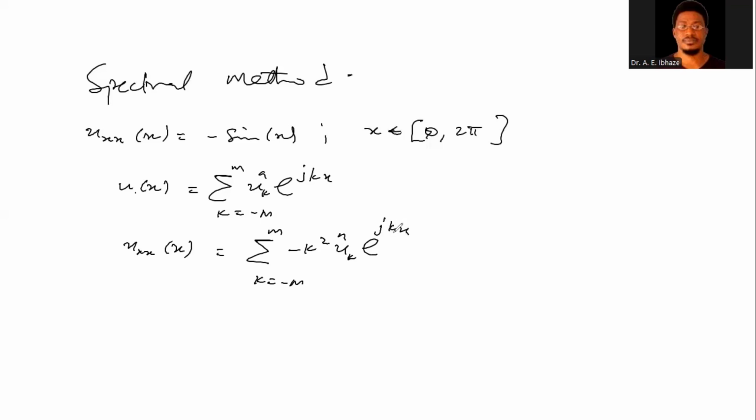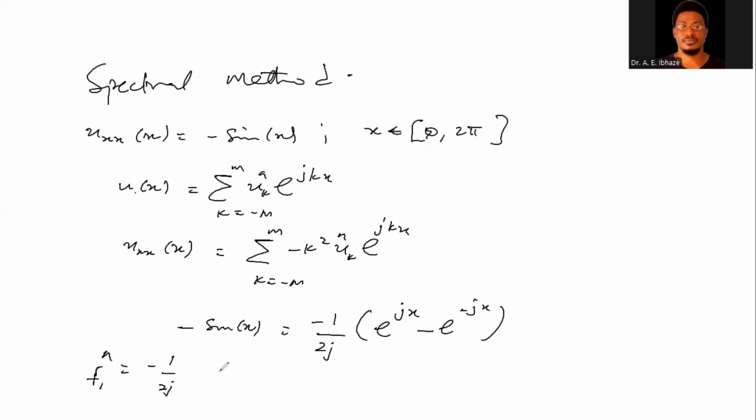So the Fourier coefficient equation now becomes: negative sine x will be the same as negative 1 over 2j times (e^(jx) minus e^(-jx)), from the convention, right? We already know that from the trigonometric convention. So in this case, its Fourier coefficients will therefore be f hat sub 1 being the same as negative 1 over 2j, f hat sub -1 will be the same as 1 over 2j.